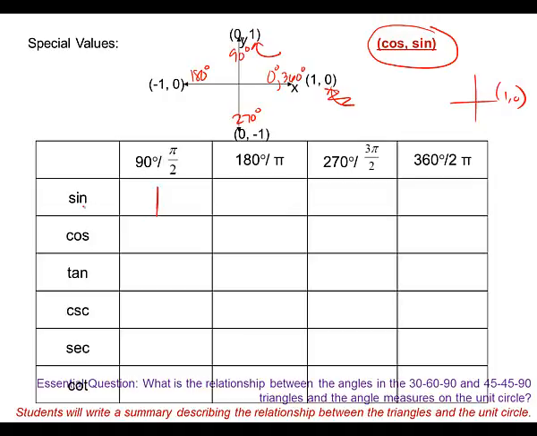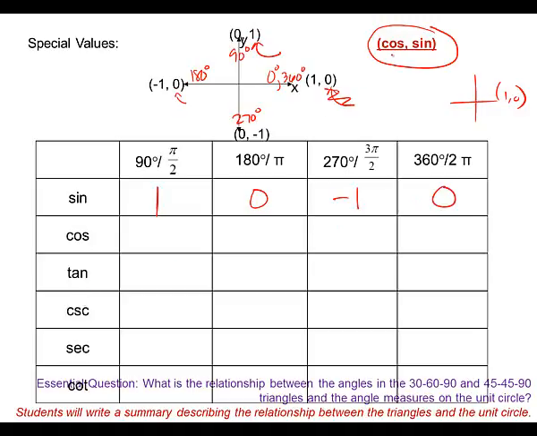All right, so the sine of 180. So the y value at 180 is what? 0. Perfect. All right. What about the sine of 270? What's the y value there? -1. Perfect. All right. What about the sine of 360 or 2 pi? 0. Good. All right.